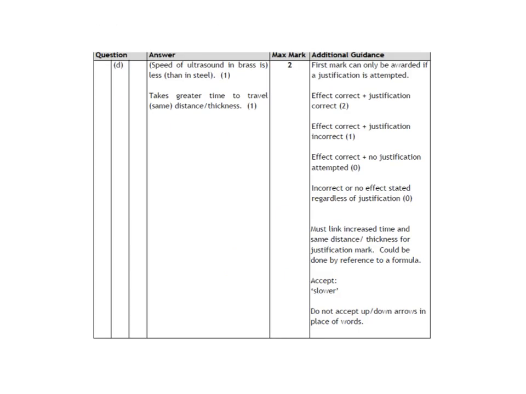There's a marking scheme, and like I said, the first mark can only be awarded if a justification is attempted. Correct answer, basically correct effect, they're calling it justification, correct: 2. Correct effect, no justification: 1. Right, effect correct, but no justification attempted: 0. And if you get the effect wrong, even if your justification is right, you don't get that mark as well.